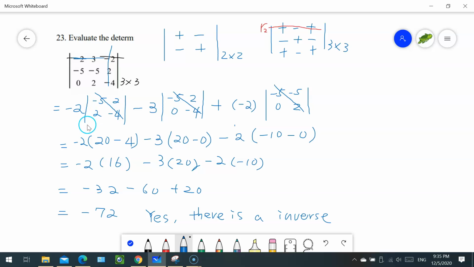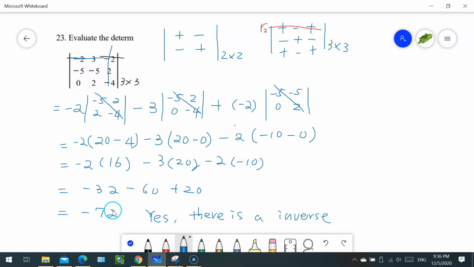And inside of the 2 vertical bars here, that represents the cofactor when the element is negative 2. And you just use the regular way to find the determinant. Start with the negative diagonal direction to subtract the positive diagonal direction, and narrow down until you get a single value.